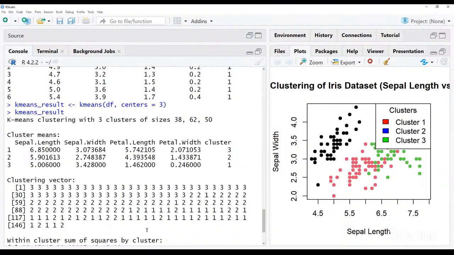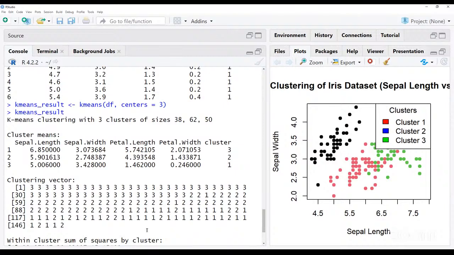Now this is the cluster means. So you will get the cluster means data. Because you have four variables, based upon that you will get the cluster means. After that, the clustering vector.